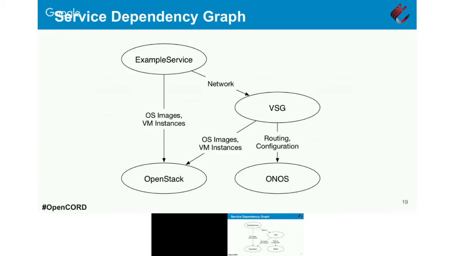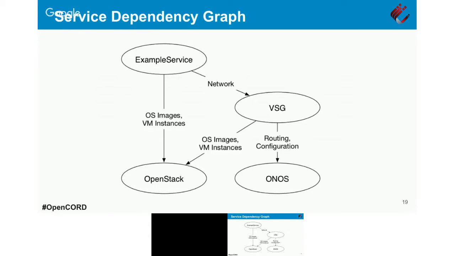And in XOS, there's a dependency graph between the different items. XOS's services are done as a Django data model. They're independent of each other. We generate a service graph. In the single node pod, this is an example. So the example service uses a network that the VSG provides.